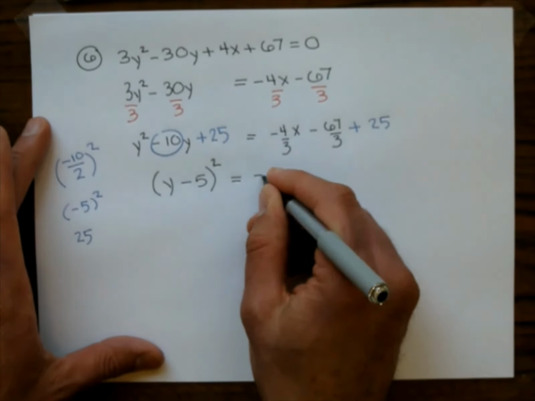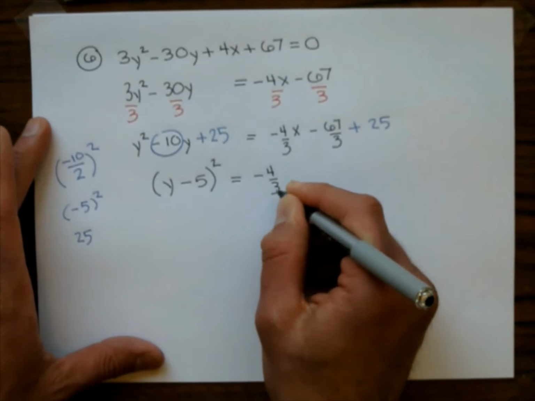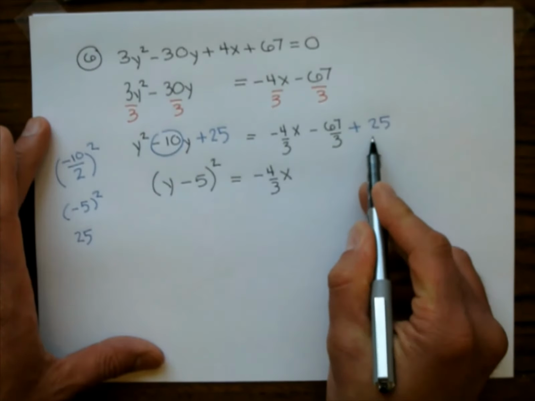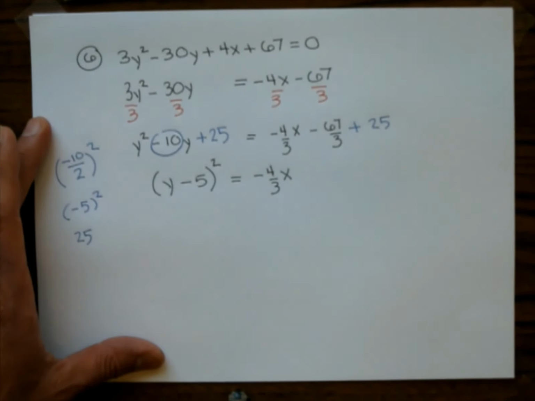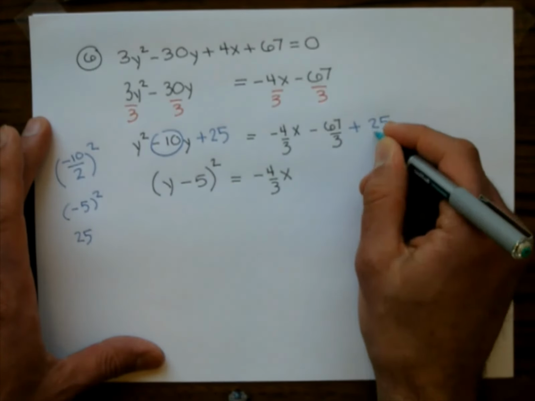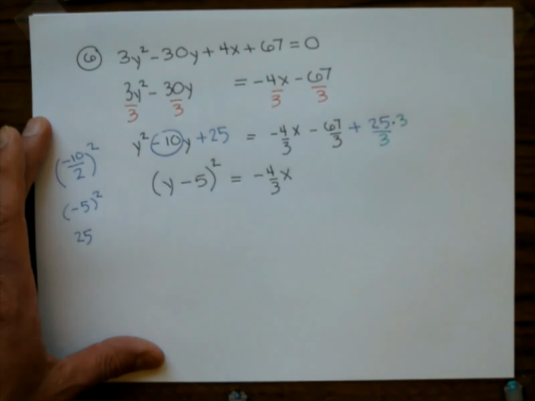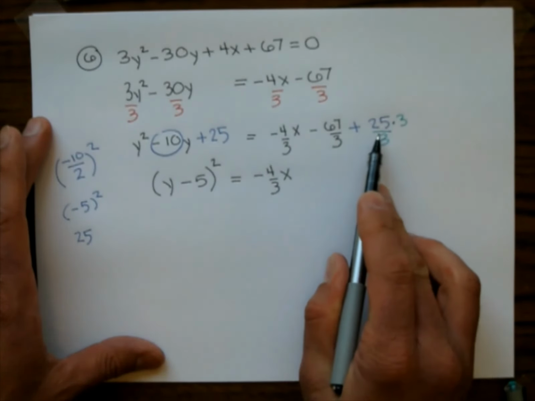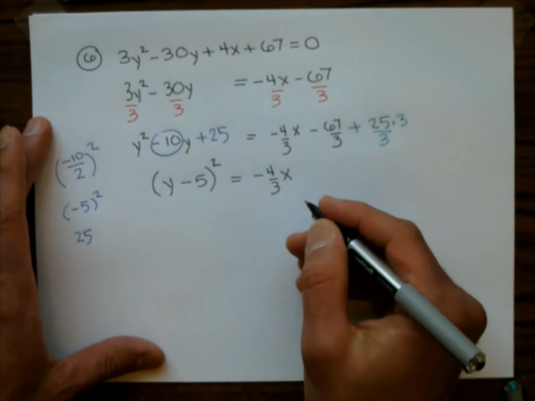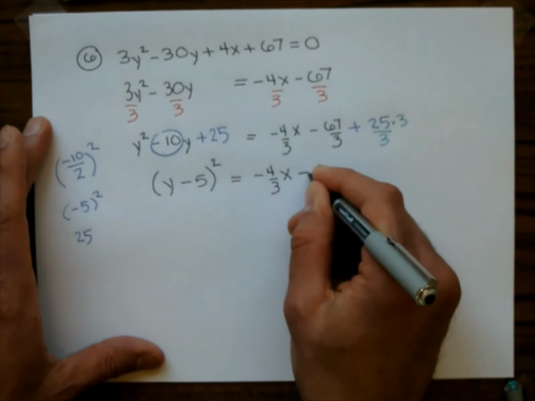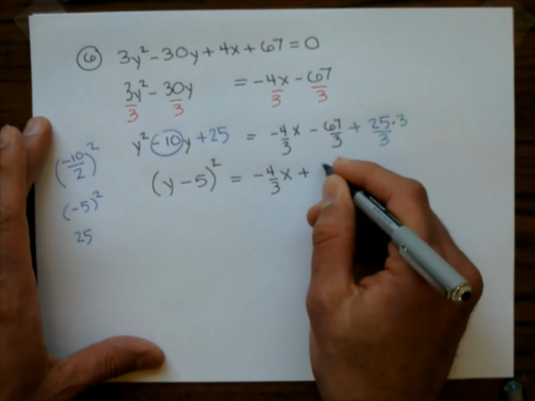And on the right hand side we have minus 4/3 x. I want to put these together by getting a common denominator of 3. So that looks like 75 minus 67, which looks like 8 over 3.